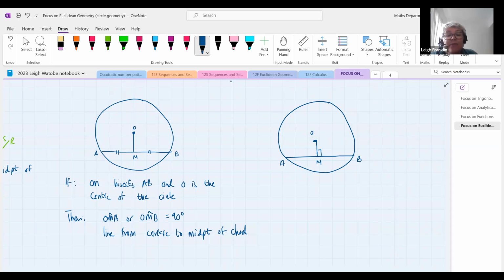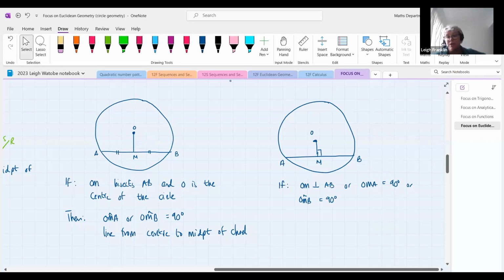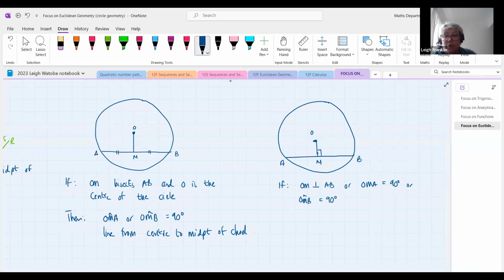Now, if OM is perpendicular to AB, or they could say that OMA equals 90, or they could say that OMB equals 90. So they could tell you those two lines are perpendicular in 3 different ways, okay?